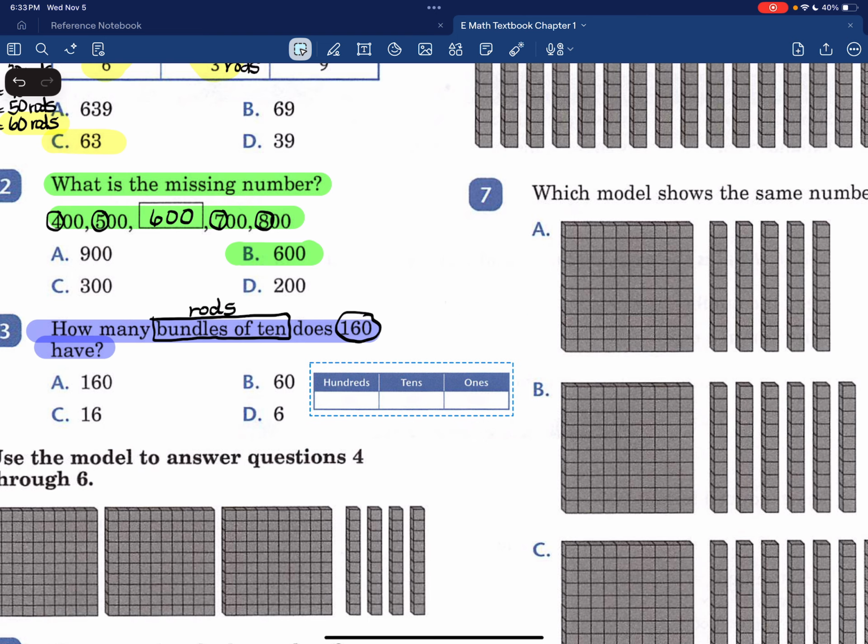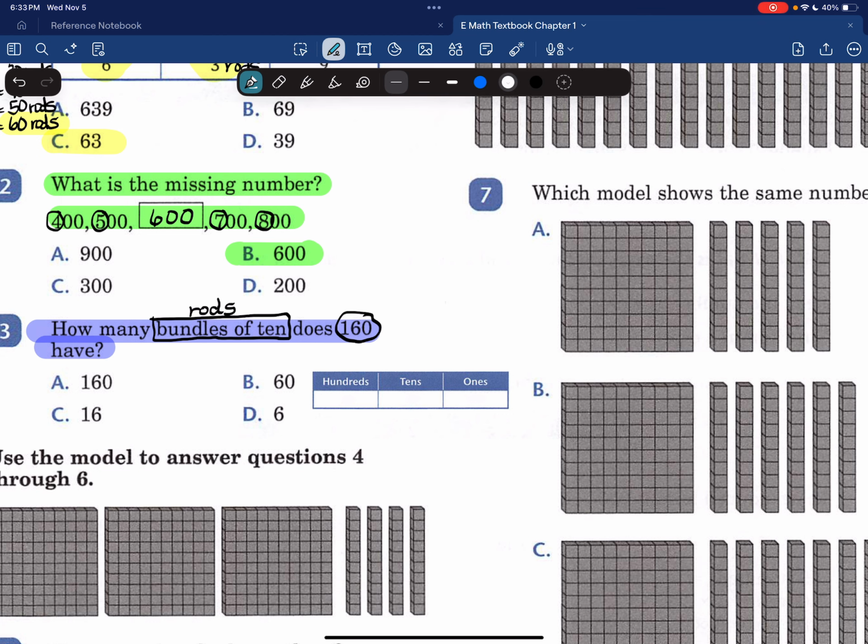Okay, so here's this one. Let's put our 160 in there. So 1, 6, 0. And these are rods. We don't have to worry about the cubes. There are none. But also they don't make rods. And then the hundreds, remember, are flats. And what do you know about a flat?